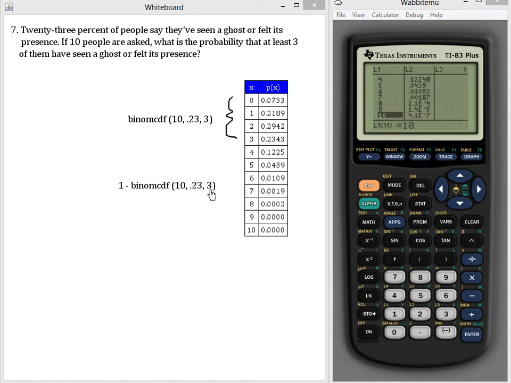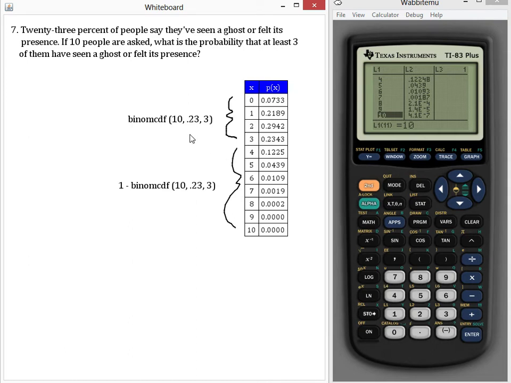So the complement of this is going to start with 4, because 0 to 3 is included here, which basically leaves 4 to 10 left over after that. But that's still not really what I'm looking for, because I want at least 3, because at least 3 includes the 3.